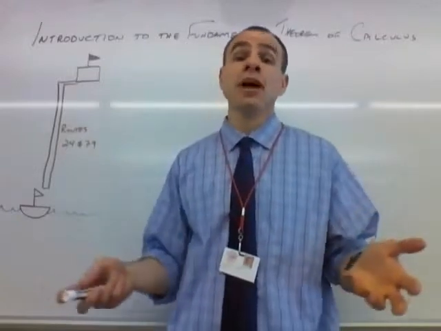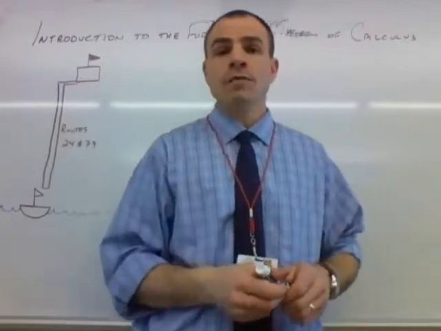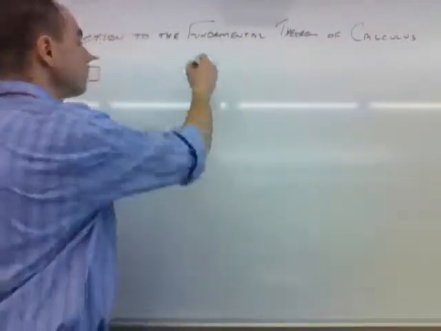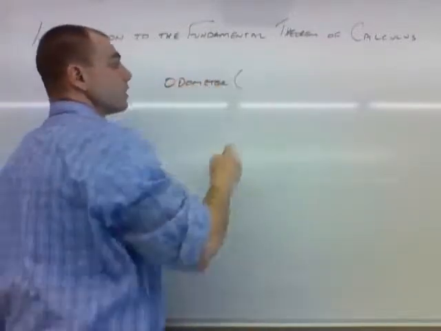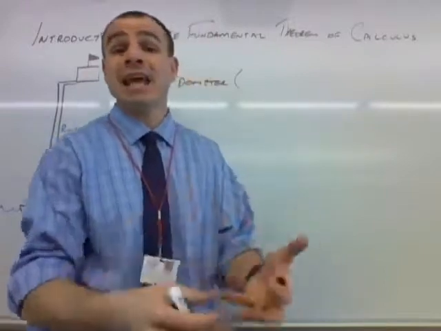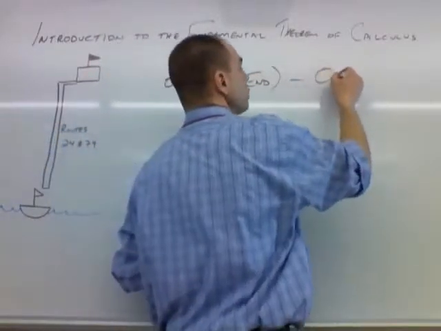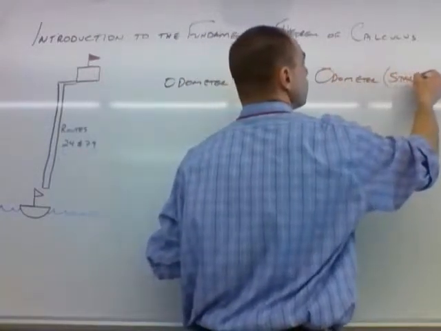Yeah, you look at your odometer, which is the numbers that keep twirling usually at the bottom of your speedometer in a car. Specifically, we're interested in the odometer's value at the end of the trip, because we're going to subtract from it the odometer's value at the start of the trip.